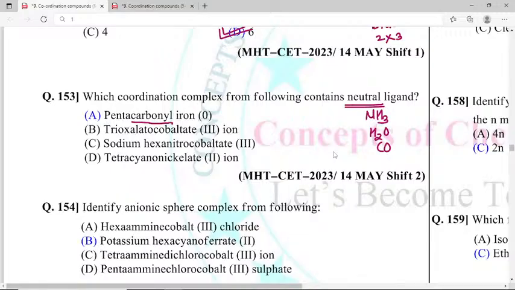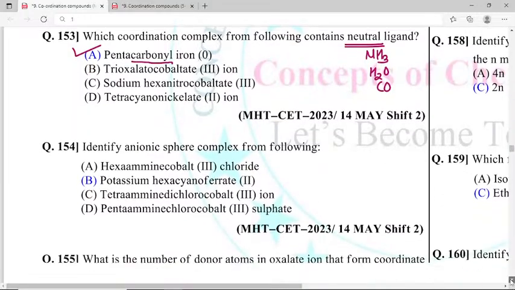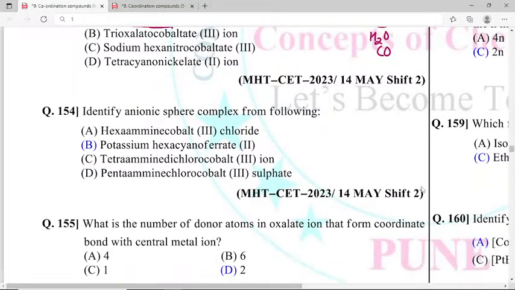Carbonyl stands for carbon monoxide. Identify the anionic sphere complex. The anionic sphere complex is written with the name ending in ATE. ATE stands for anionic complex. Always an anionic complex.